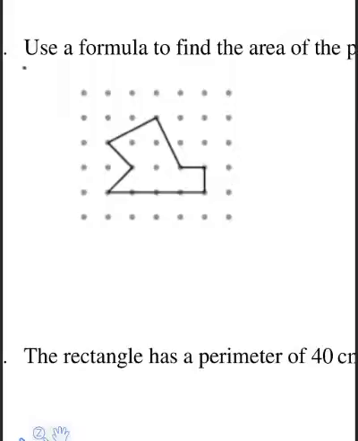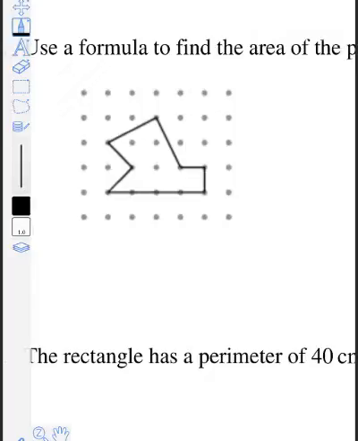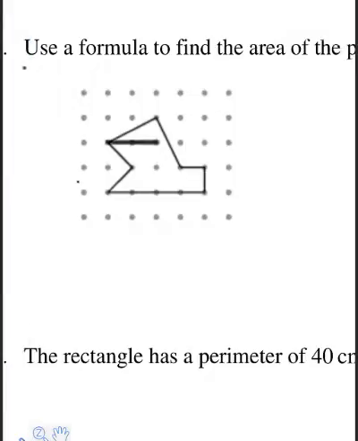So I'm thinking, let's see, we've got a triangle, another triangle, could do this trapezoid here and this trapezoid there. So it looks like we got 1, 2, 3, 4 different shapes there. 2 trapezoids, 2 triangles.